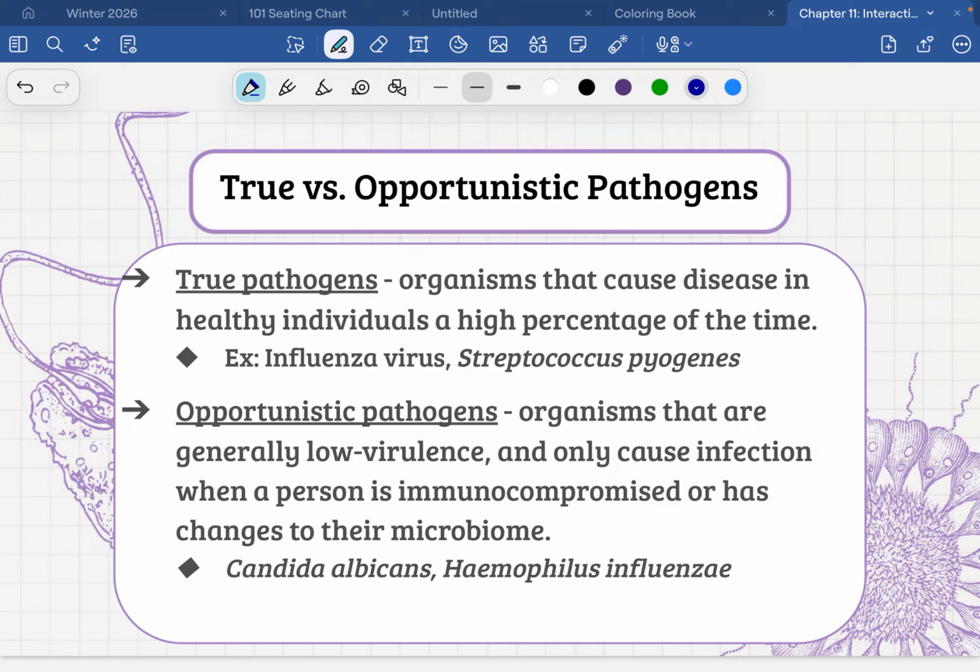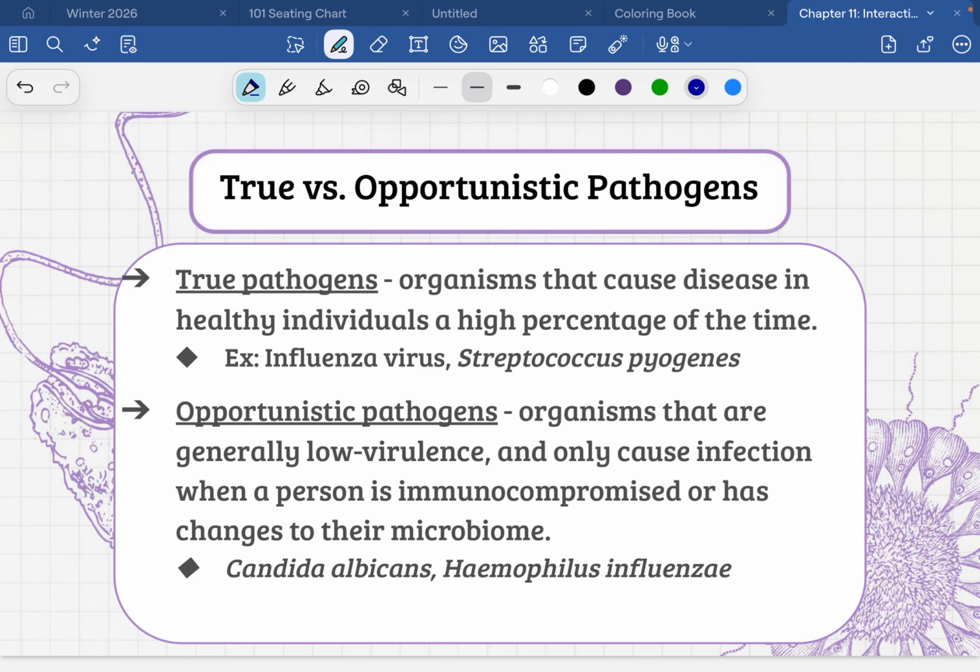Most of the time, if a human comes in contact with the influenza virus, they will get the flu. Streptococcus pyogenes causes strep throat. Okay, again, it doesn't matter how healthy you are. Most of the time, when you come in contact with Streptococcus pyogenes, you are going to get strep throat.